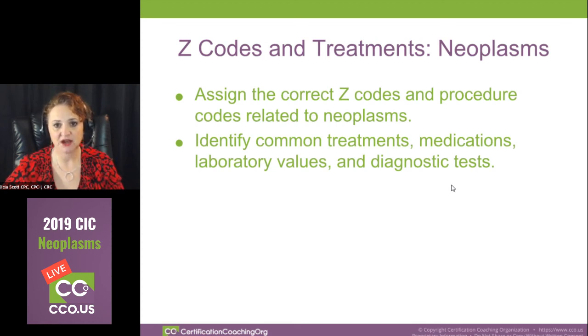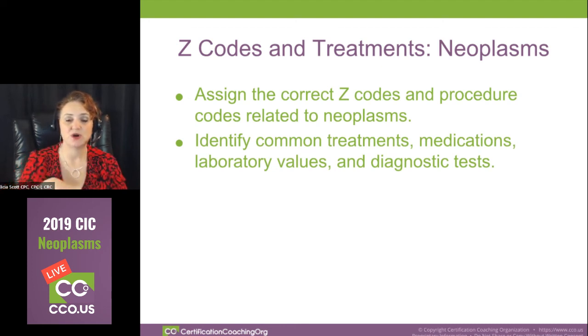Z codes. We've already talked about them a little bit. The Z codes are going to identify whenever we have a procedure related to a neoplasm. So our patient is having an encounter for chemotherapy, an encounter for radiation, an encounter for chemo or immunotherapy, or an encounter to treat a complication of a treatment or the cancer.